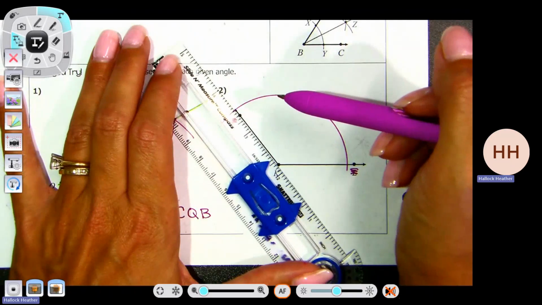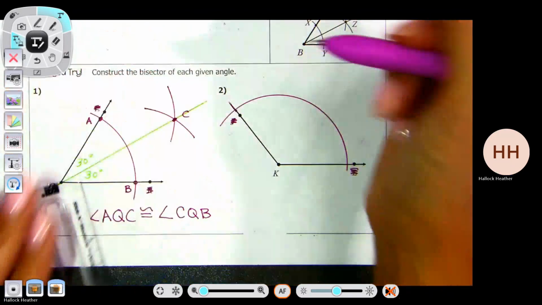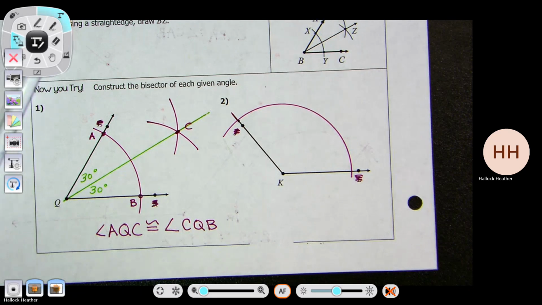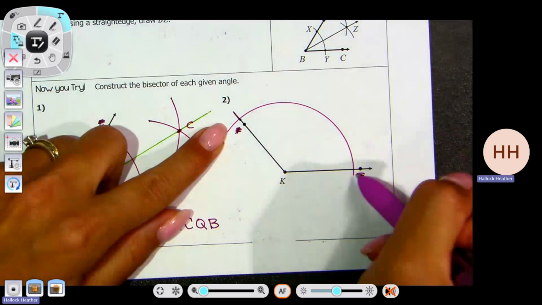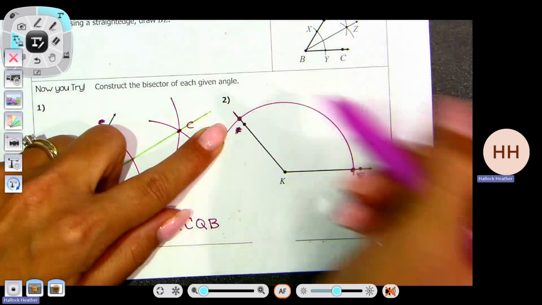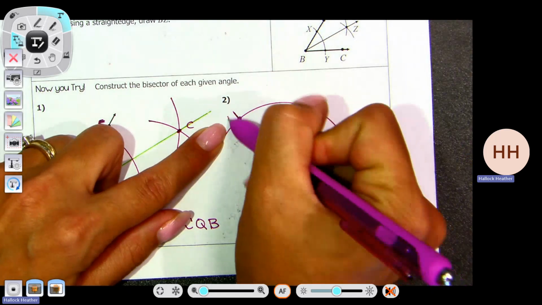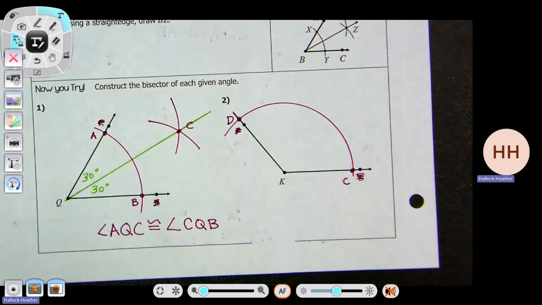So you can always extend your ray just a little bit. Okay, so let's label them. We have K, and we'll call this one C, we'll call this one D, just cause.